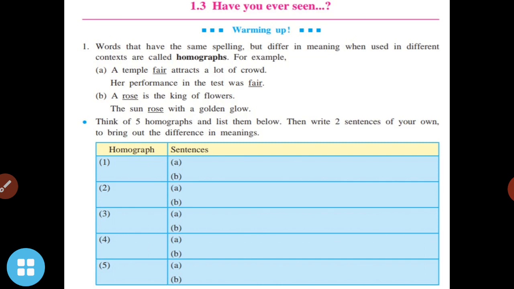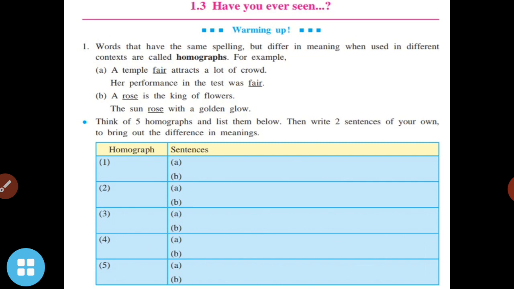are called homographs. So what is the meaning of homographs is given here: the words which have the same spelling but have two meanings. That is called homographs. When a word is single but has two different meanings, that is called a homograph. A few homograph examples are given.